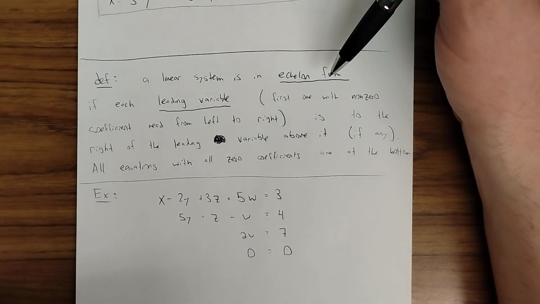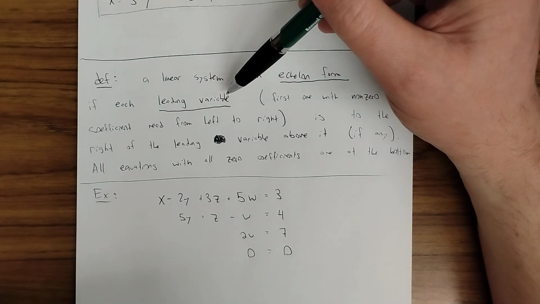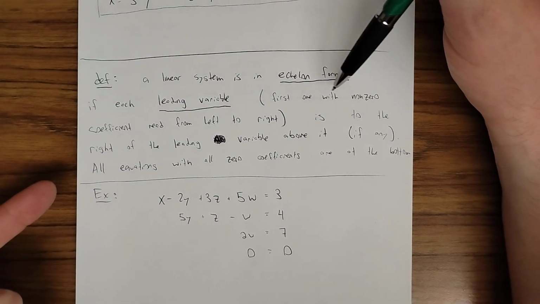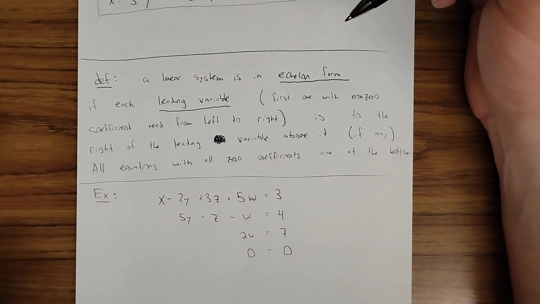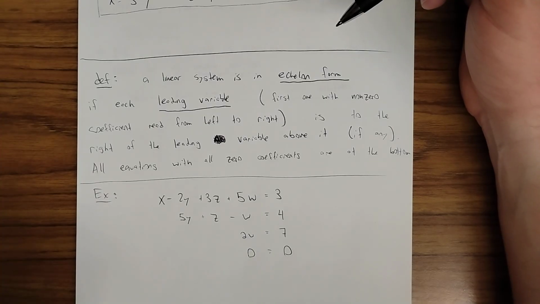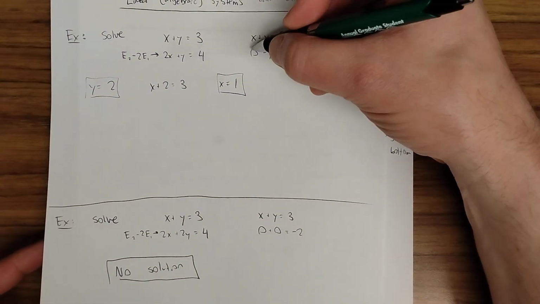A linear system is in echelon form if each leading variable, and the leading variable is the first one with a non-zero coefficient, and when I say the first one, I mean from left to right. So if I'm looking across an equation, there's going to be certain coefficients that are zero, like say here.